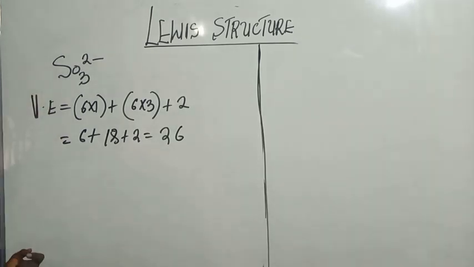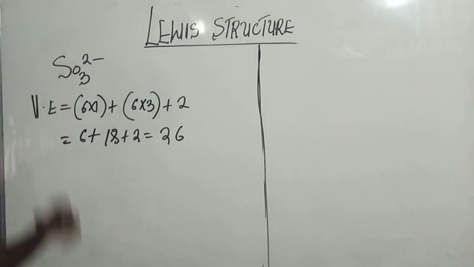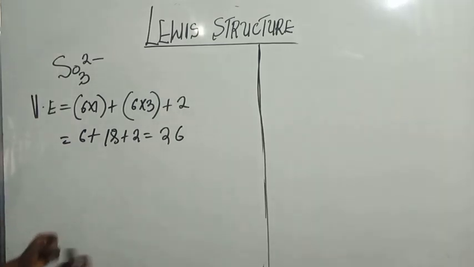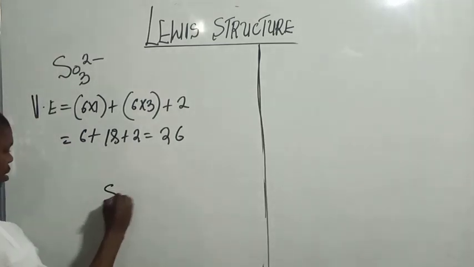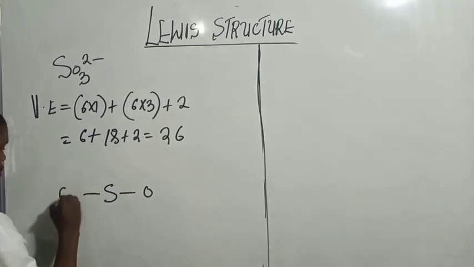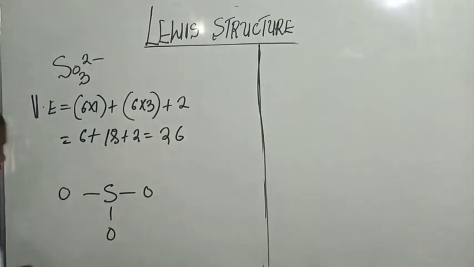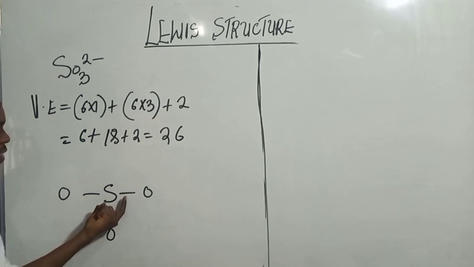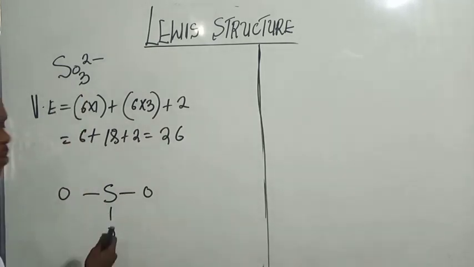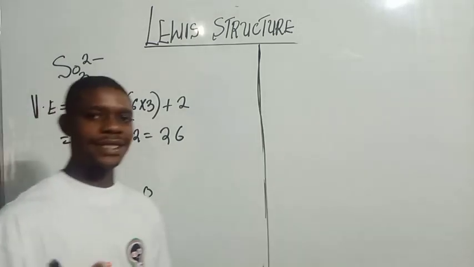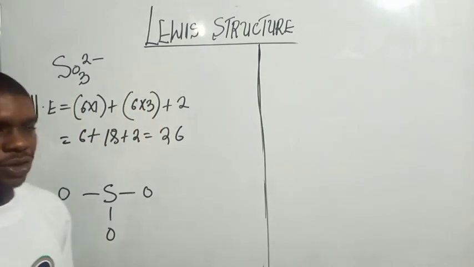The next thing we want to do here is that sulfur is going to be the center atom connected to 3 oxygens. So here we have 1, 2, and 3. Do you see that? Why is it 3 bonds? Because here we have 3 oxygens. Remember, 3 bonds equals 6 electrons, right?